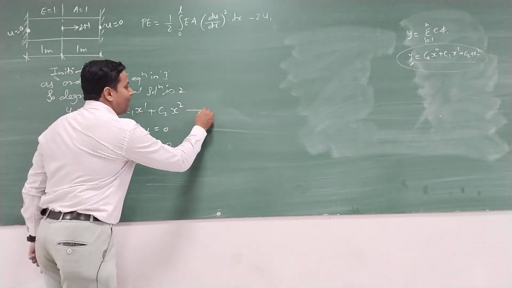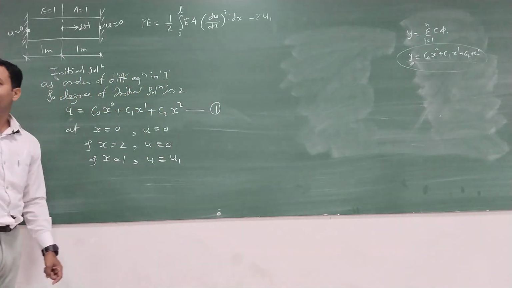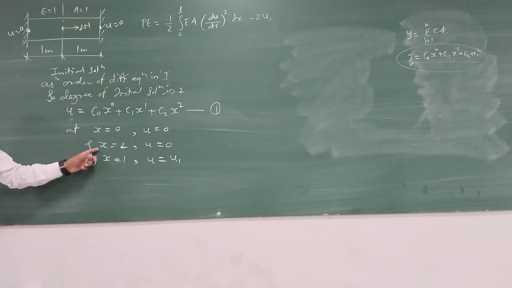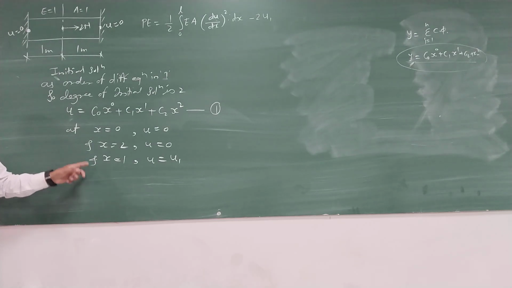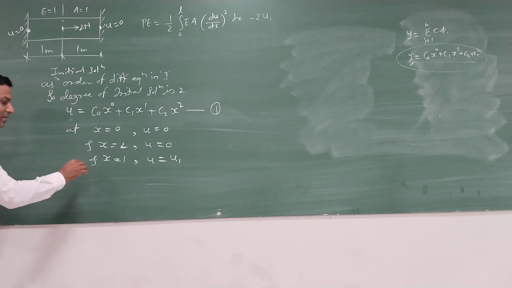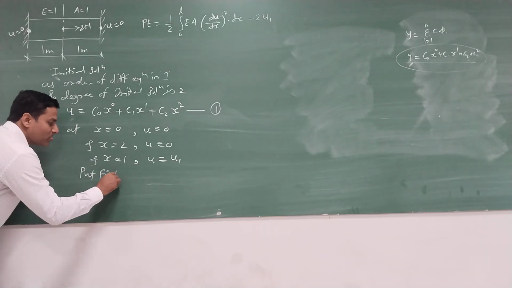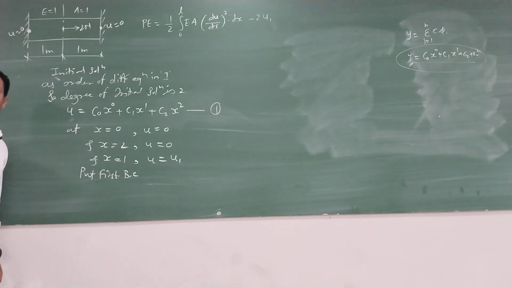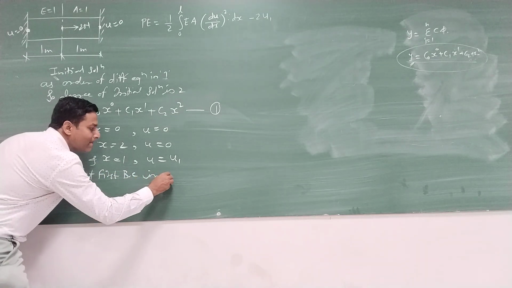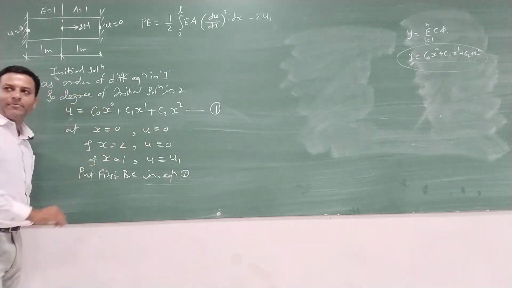So I mention this equation as 1. We are going to put these 3 boundary conditions in this equation. So put first boundary condition, BC means boundary condition, in equation. कुठल्या इक्वेशन मध्ये? 1.